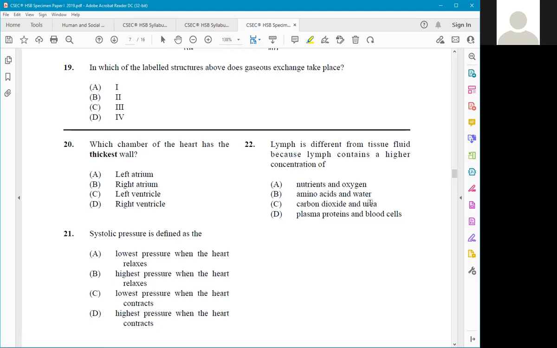No. You have more carbon dioxide in the blood itself being transported as bicarbonate. And D, it contains more plasma proteins and red blood cells. There are no red blood cells in the lymph. If a couple escape, it could never be a high concentration. So the correct answer would have to be B, amino acids and water.